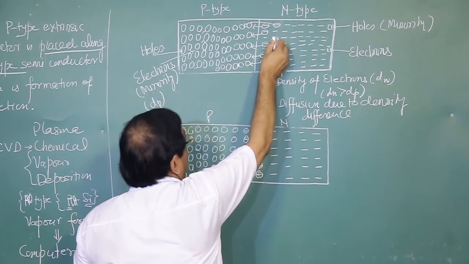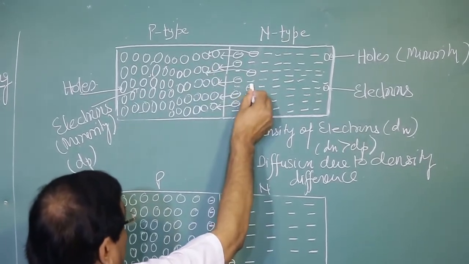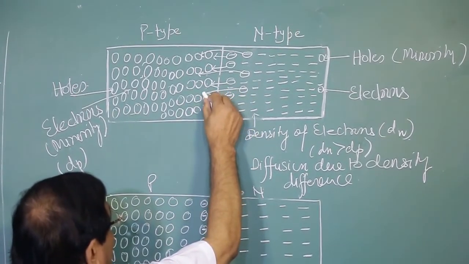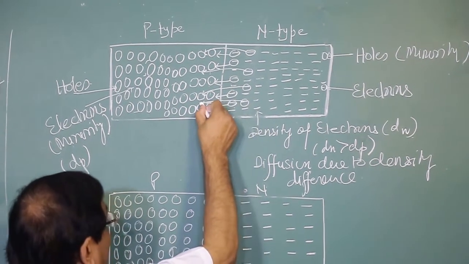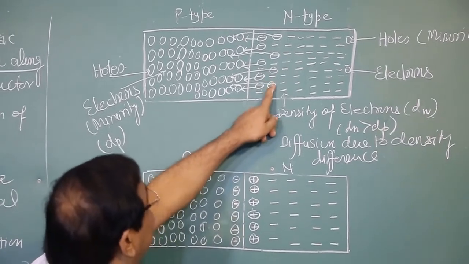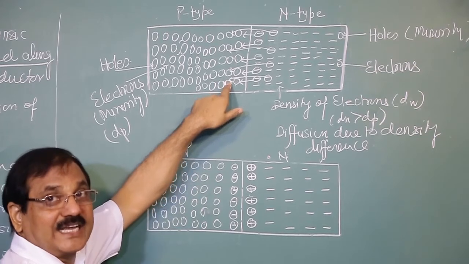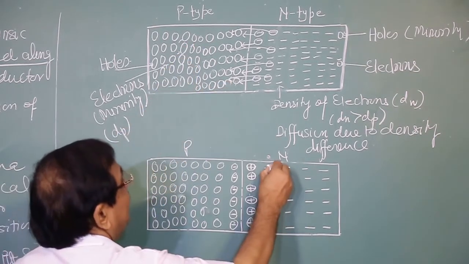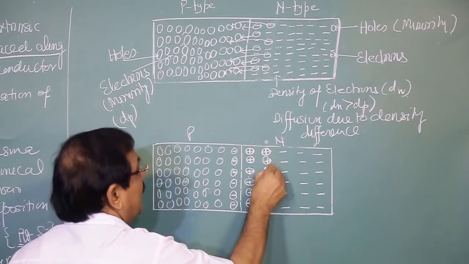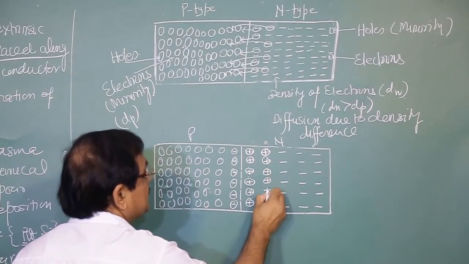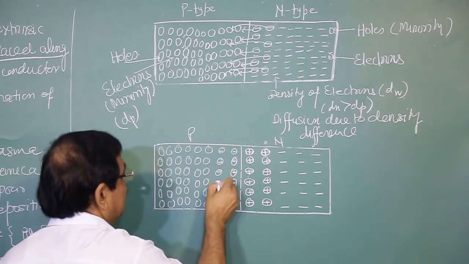This electron also tries to diffuse, and this one also. So, the second layer electrons also diffuse into the holes of the second layer of the P type. So, this second layer where there is a lack of electrons becomes positively charged ions, and here it is negatively charged ions.